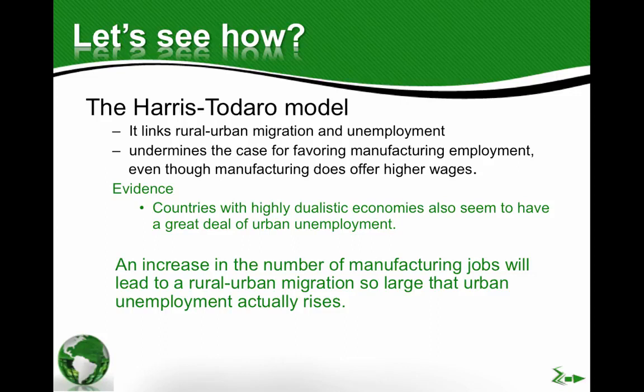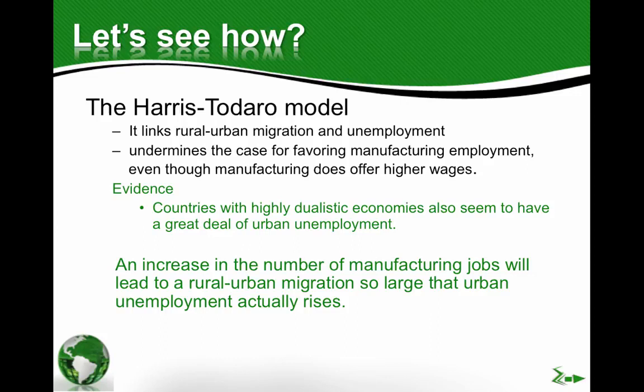Right? The migration undermines the case for favoring manufacturing employment. So really what they were suggesting is that if you protect the manufacturing sectors and the prices are increasing in these sectors, the wages are also increasing in these sectors. So you're increasing this wage disparity between the traditional sector and the urban sector.